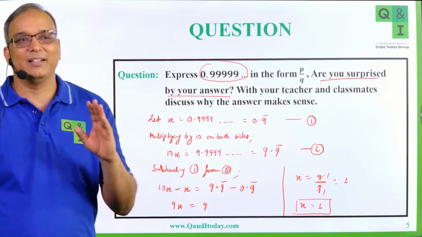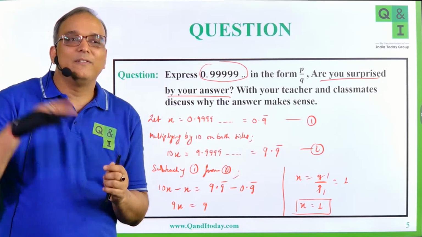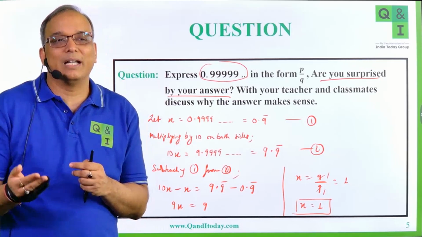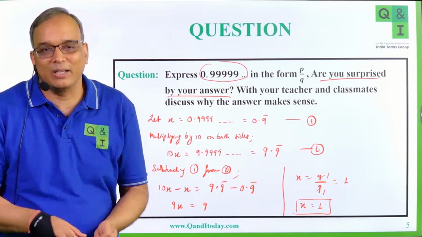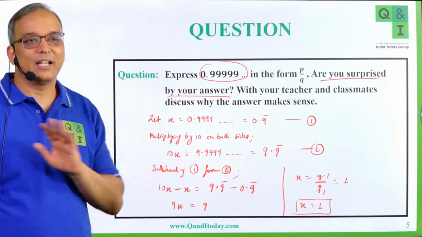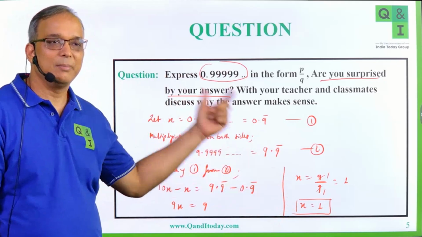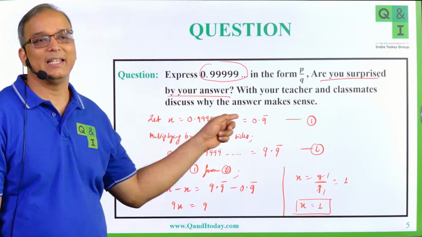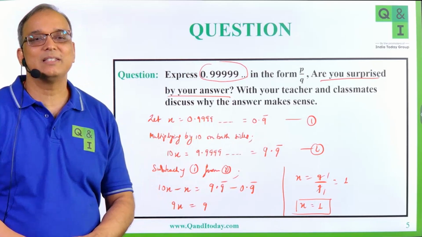So logically, 0.99999 up to infinity is very close to 1, almost equal to 1, or you can say it is equal to 1. That's why it is like that. So the answer is correct, we are not wrong. x is equal to 1 is the p by q form of 0.9999 up to infinity. Is this clear to everyone, students?